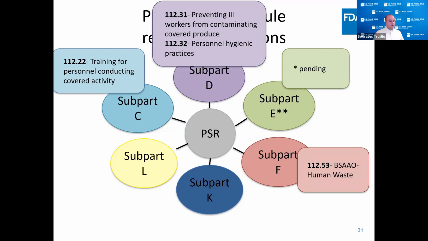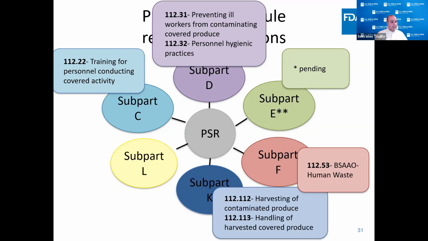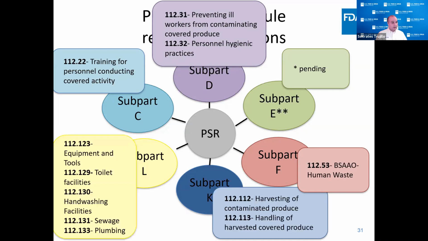Of course, Subpart F, although that's for biological soil amendments of animal origin, and we know that human waste is biosolids, and the only way that we can apply biosolids is by following the EPA regulations. You need to find out what is going on around the farm, and are there any biosolids being applied. Again, anything that's being harvested that can be contaminated with human feces should not be harvested. So that should be Subpart K.